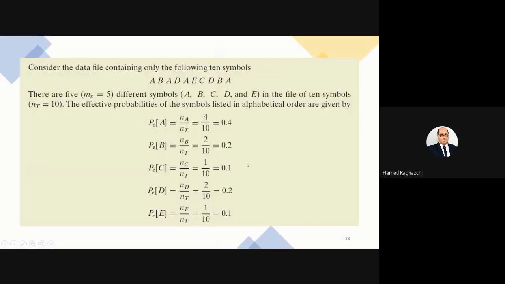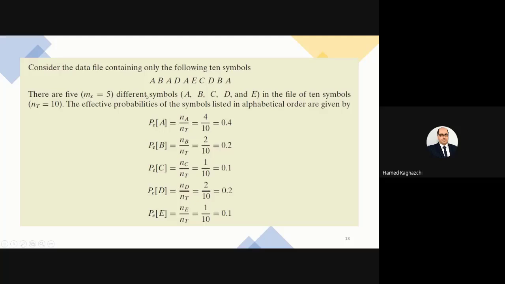Look at this example. Suppose that this is my data file: A, B, A, D, A, E, C, D, D, A. There are 5 different symbols. I have 1, 2, 3, 4, 5, 6, 7, 8, 9, 10 symbols, but only 5 different symbols.